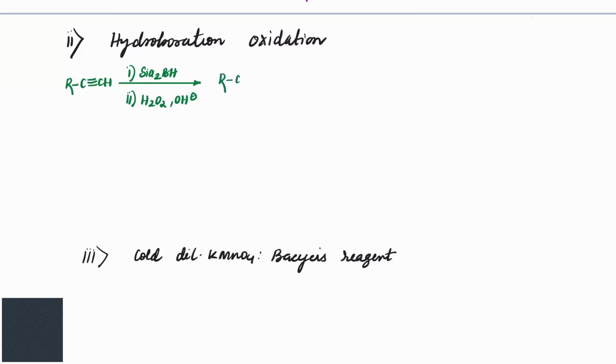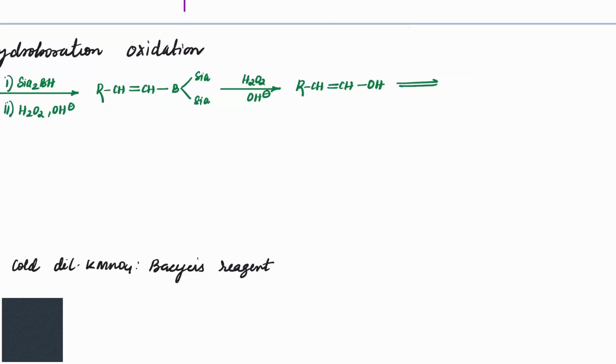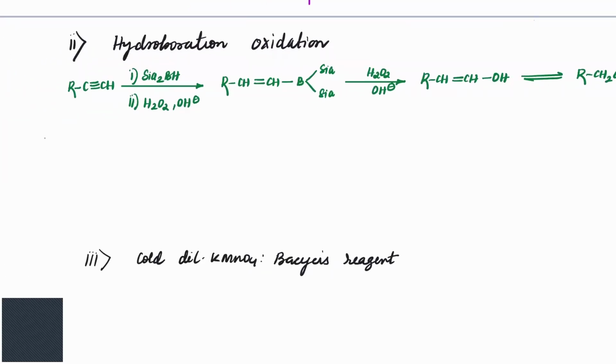And this would give us RCH double bond CH with boron and SiA here. And furthermore, on oxidation with H2O2 and OH minus, you will get this into an enol form the way we got earlier. And this enol will undergo tautomerism to finally convert into an aldehyde, RCH2CHO.